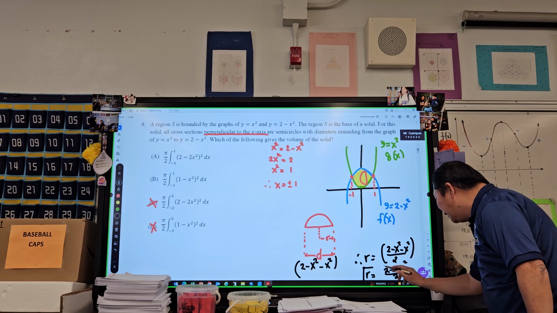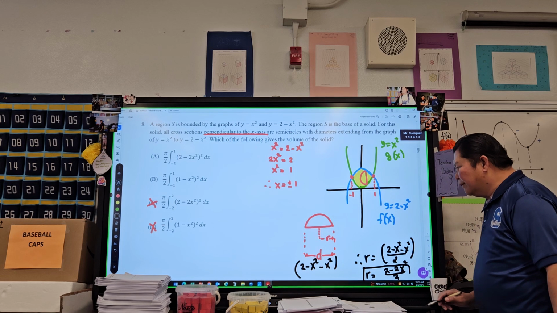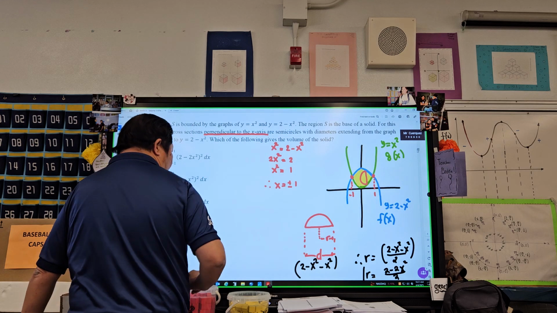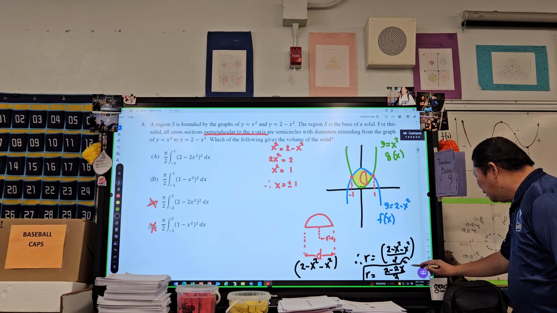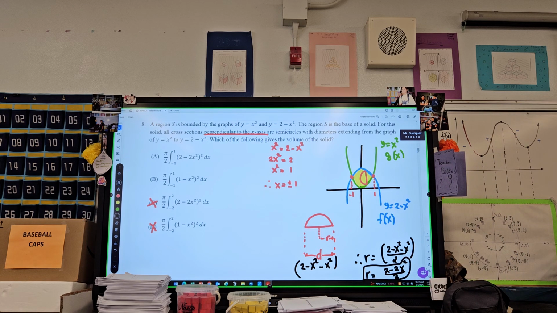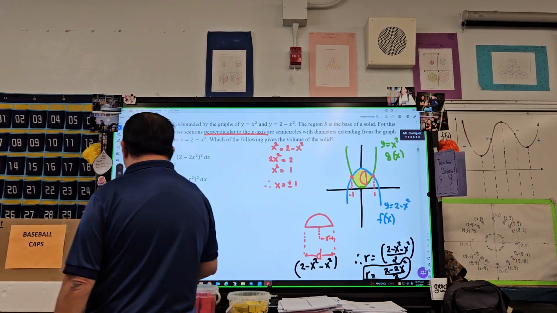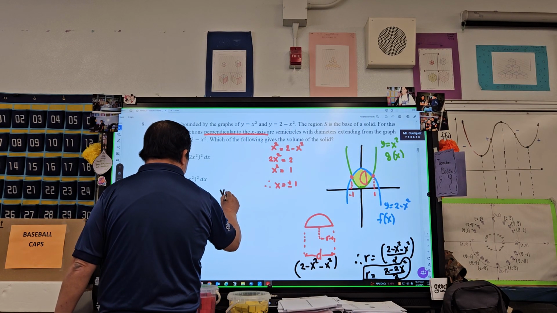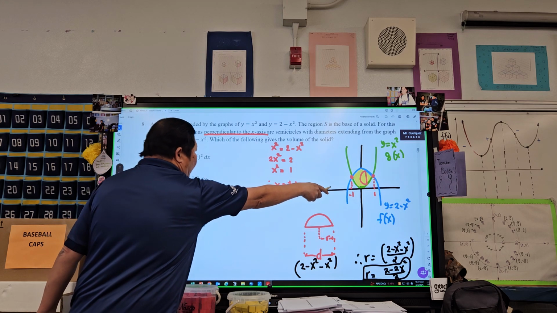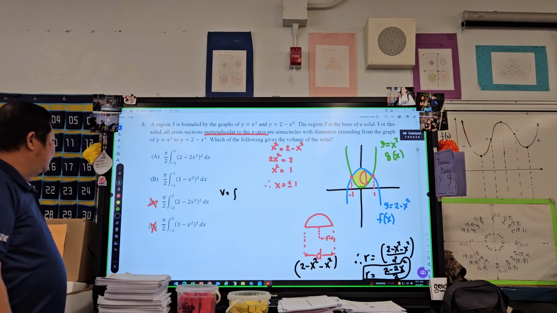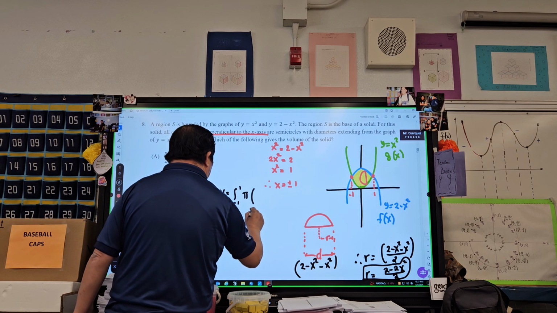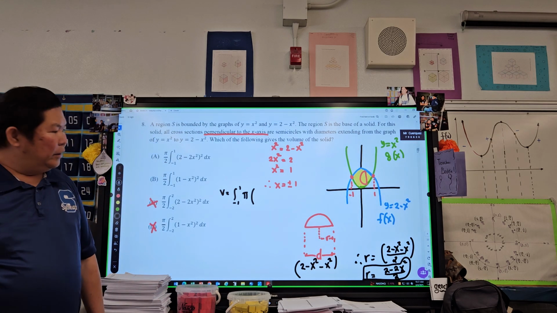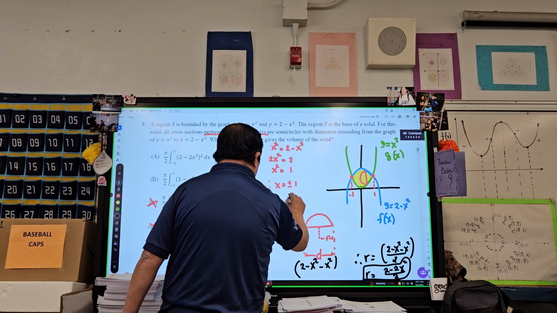Again, this is the r. So the formula for volume now: V is equal to the integral. You have the limit from -1 to 1, and then pi r squared, so I'm gonna have a square right here.